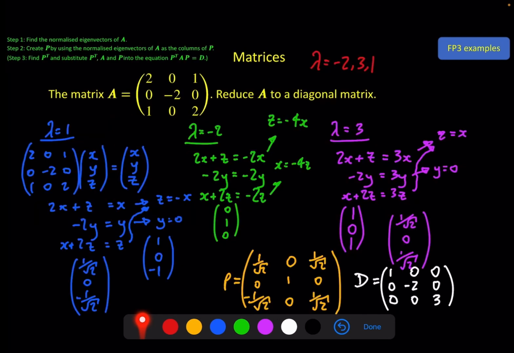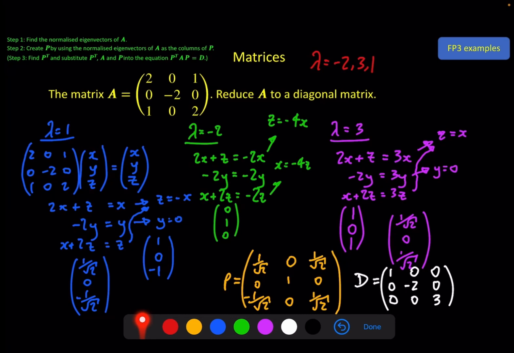If we had chosen instead to put the green column first and the blue column second, we would have a slightly different P matrix. But that's okay. All that would mean is the minus 2 would go here and the 1 would go here, and it would still satisfy this equation.